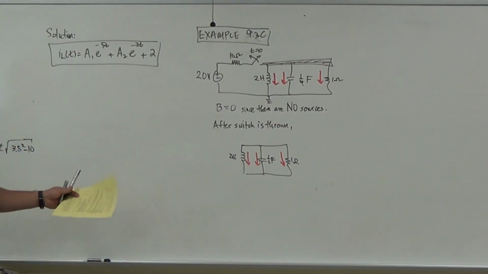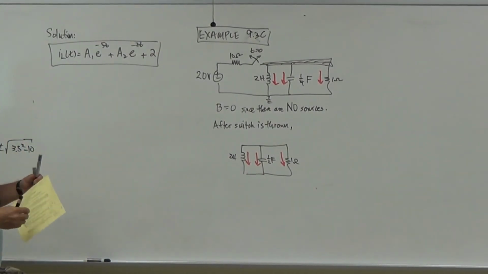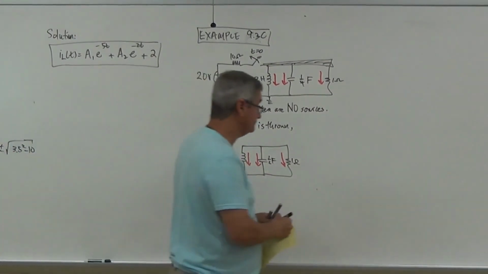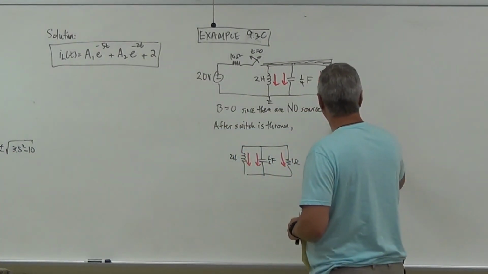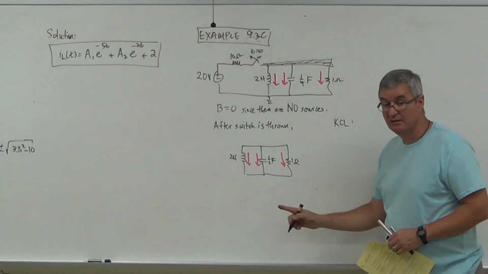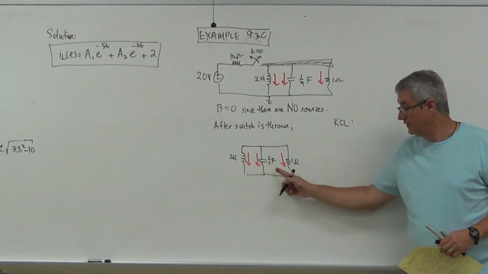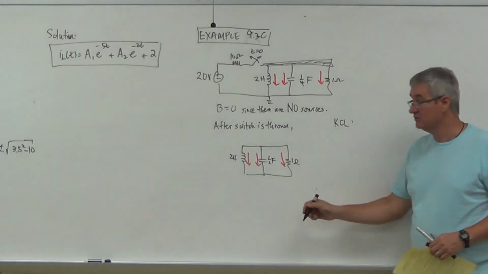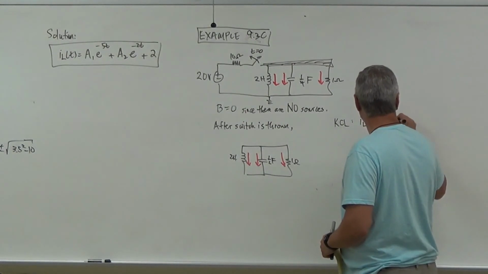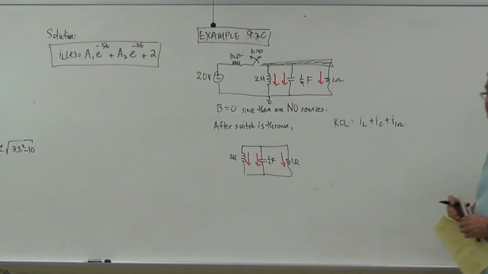So now, let's go do it. What am I calculating? The capacitor. So here we go. I'm going to do KCL. What does KCL tell me? KCL tells me that these three are all pointed towards the ground. So it has to be IL plus IC plus I1. So you can see I have two terms, right?